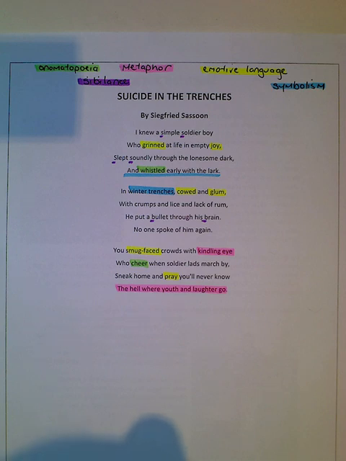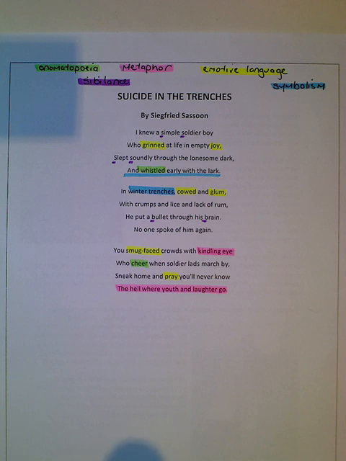So what we have here in the first stanza is information about this soldier boy. Obviously we have the term simple, and what that does is imply innocence. It's not talking about intellect in any way, it's talking about how he is an innocent boy.